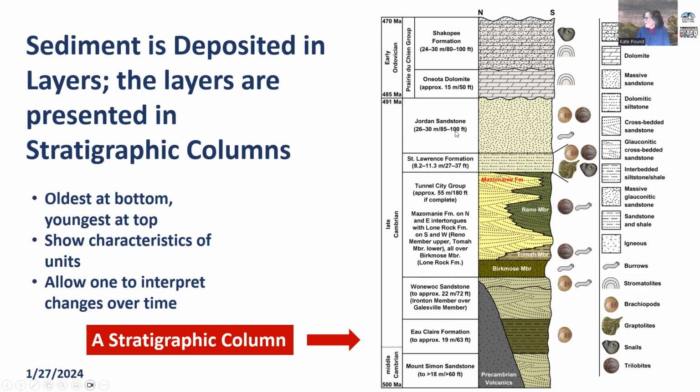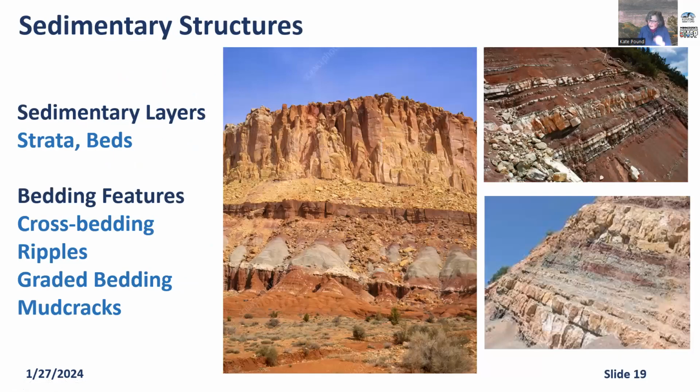This is a stratigraphic column that essentially summarizes the sedimentary sequence in western Wisconsin, southeastern Minnesota, going from the Mount Simon sandstone up to the Shakopee Formation. So that's stratigraphic columns.